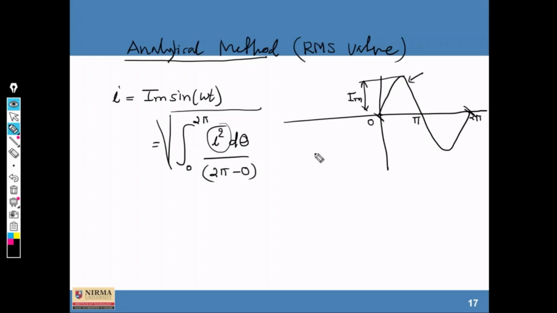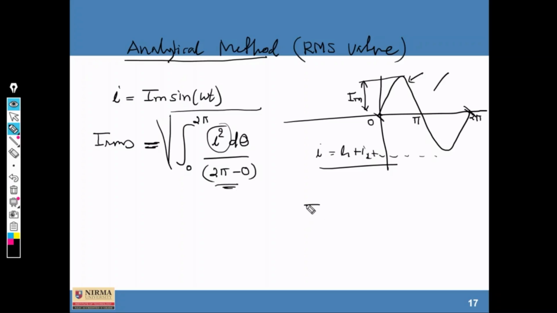So i is the mean value, where we can say i equals i1 plus i2 plus i3 or something like that. So we can write an expression of IRMS in this fashion according to this graph. Here we are integrating from 0 to 2 pi because it is a full wave. Similarly, we can integrate it for half wave also. So here the range, or we can say the time period.